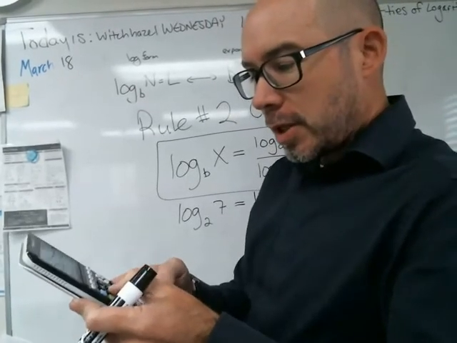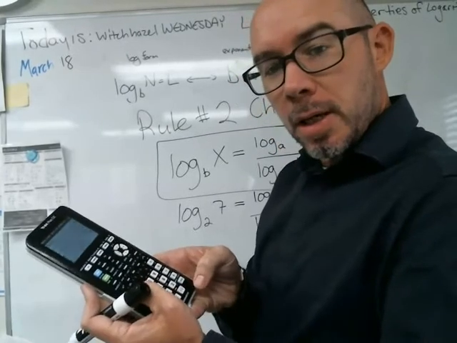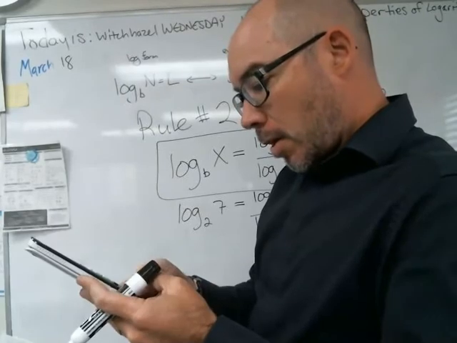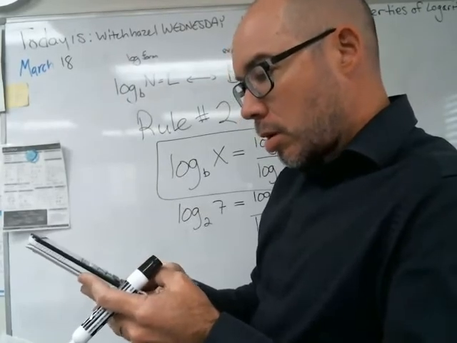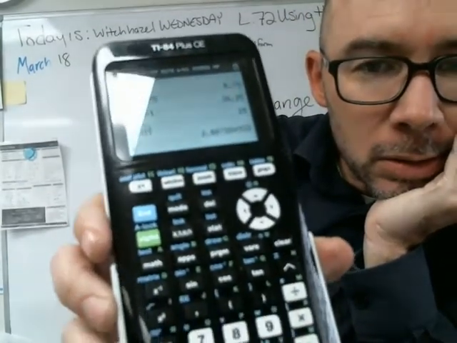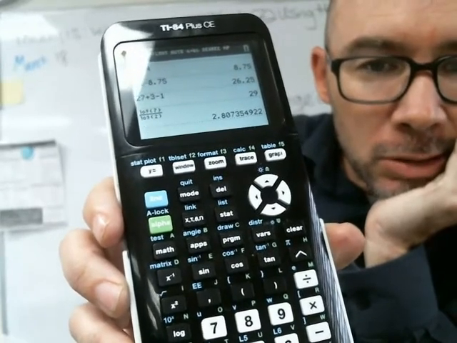If we give ourselves a little fraction bar, and we use the log button and not log 2. Log 7 over log 2, we'll get this approximate answer. There we go, 2.8 and change.